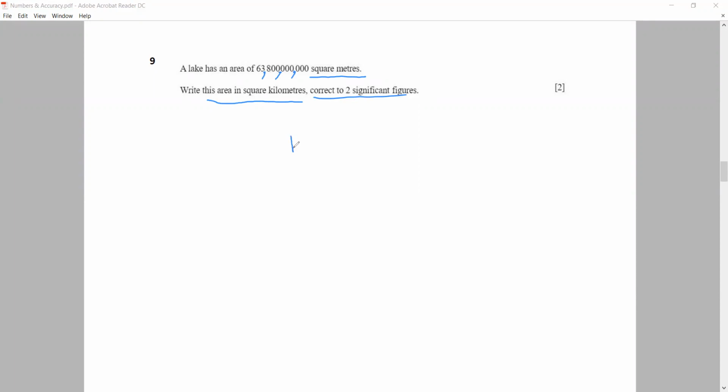So 1 kilometer is 1,000 meters, right? It doesn't matter which way you write it. However, 1 square kilometer is basically 1,000 squared square meters, so this should be squared as well.